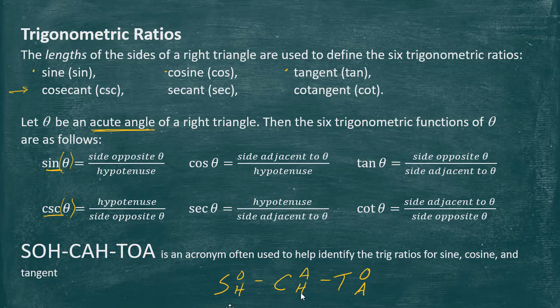The first letter represents sine, cosine, or tangent in that order, and then the O, the A, and the H, depending on which trio of letters we have. The O stands for opposite, the A stands for adjacent, and the H in each of those cases stands for the hypotenuse. The acronym can be helpful, or you can just, through brute force, try to memorize which ratio goes with which function.